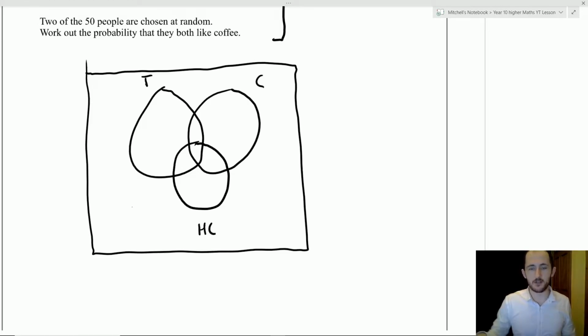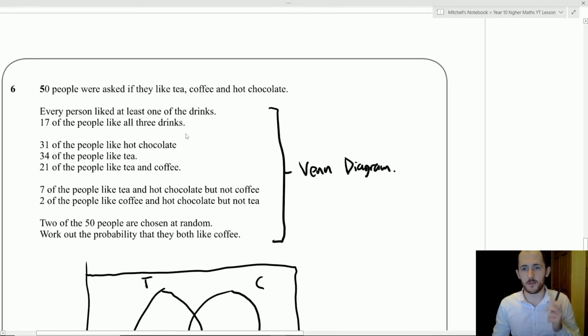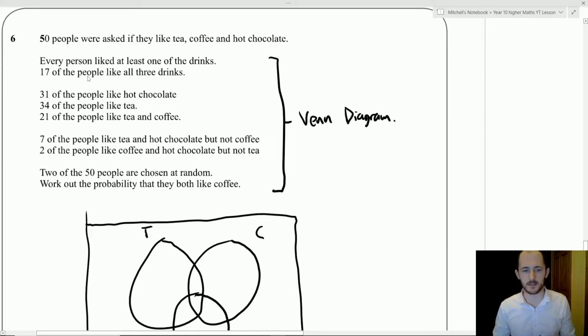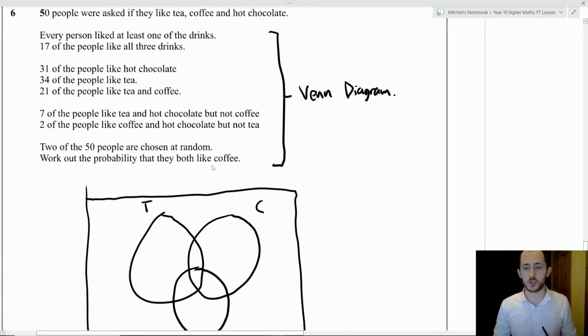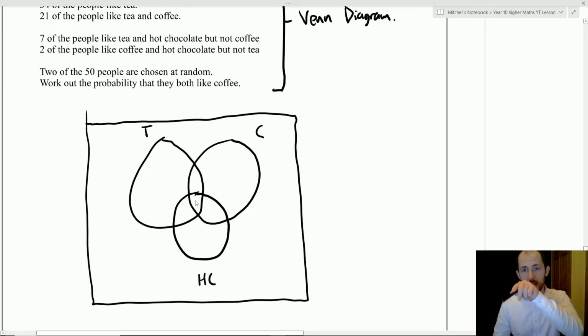When you come to sit your exam or your mocks or whatever, you'll find that you'll answer every question but won't get 100% because you've made mistakes, okay? So with this, it's so easy to make a mistake. It's unbelievably easy, okay? So you start from the middle of the Venn diagram and work outwards, okay? So you work from the three-way intersection, then the two-way ones, then the outer ones, okay?